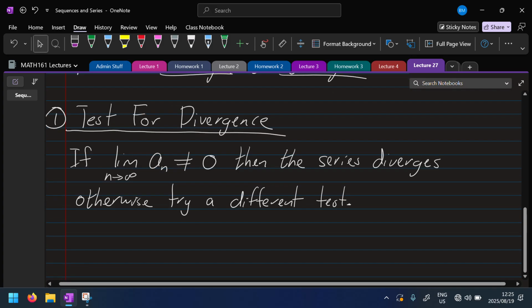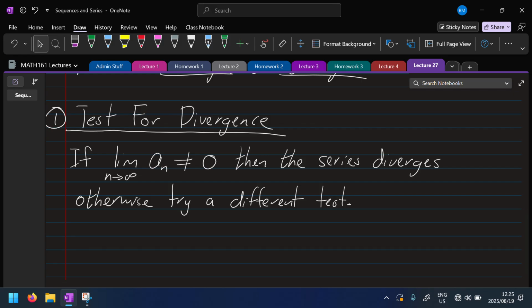A few of these tests have this little issue, that calculating this thing, you either know it diverges or you have to try something else. We'll see there's two more examples of this. So if the limit is non-zero for whatever value, then it diverges. We know that 100%.